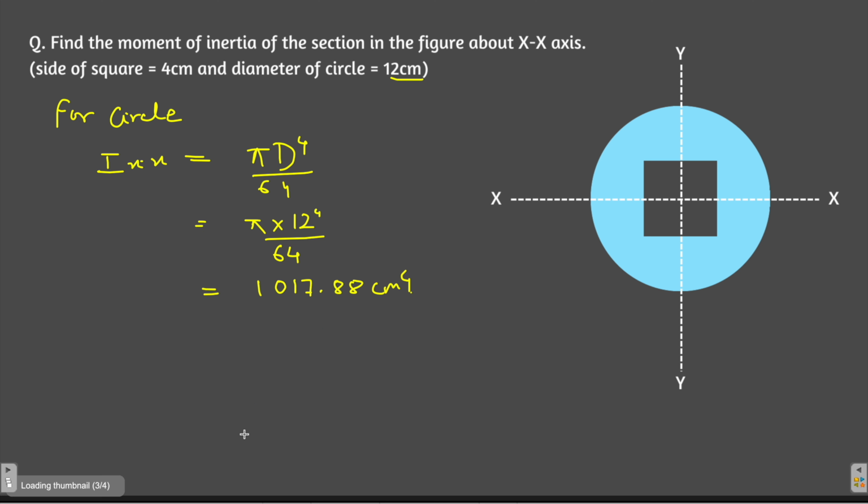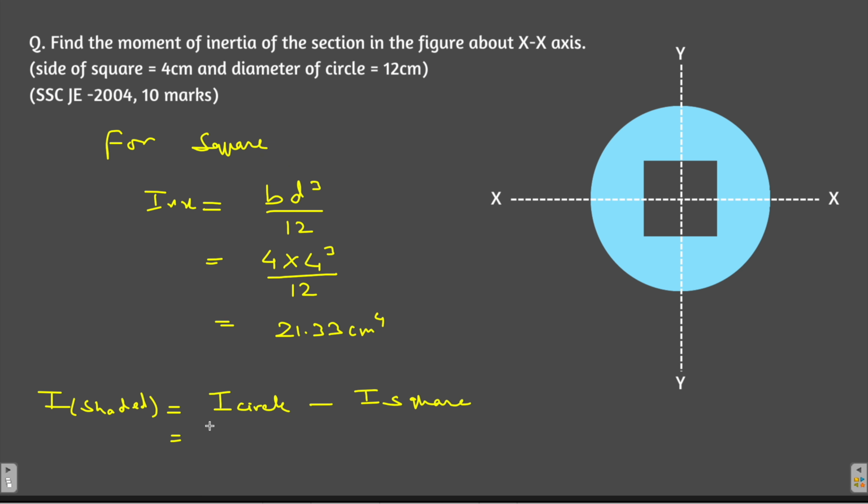For the circle it is 1017.88, minus for the square, 21.33 centimeter to the power 4. You subtract these two numbers and you will get 996.55 centimeter to the power 4.